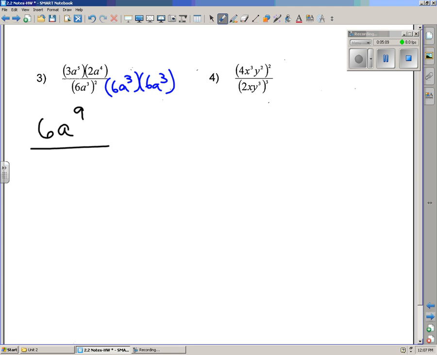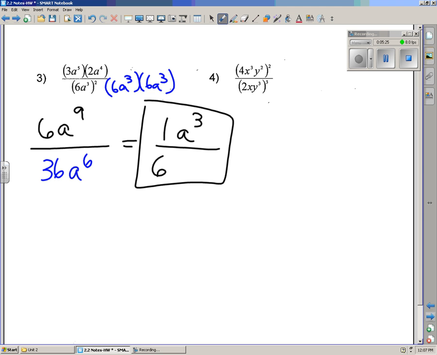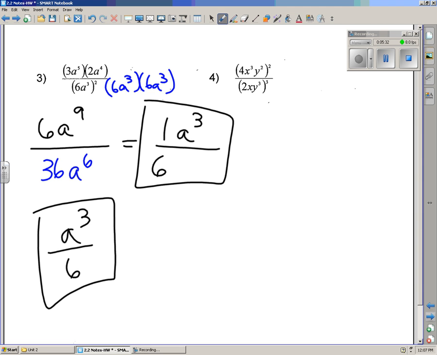So the bottom really simplifies to 36a to the sixth. Then you have to do your simplifying. 6 divided by 36, when you simplify it, is 1 over 6, and there's more a's on top by 3. Final answer, 1a cubed over 6, and it's no problem if you want to drop the 1 here because you do have something in your numerator, and a cubed over 6 is acceptable as well.